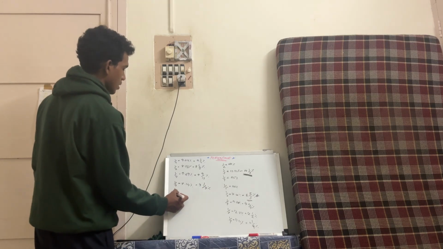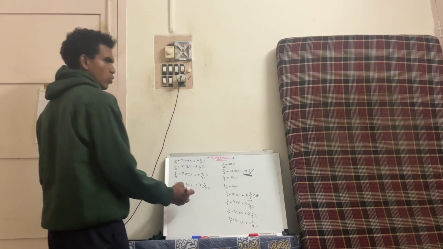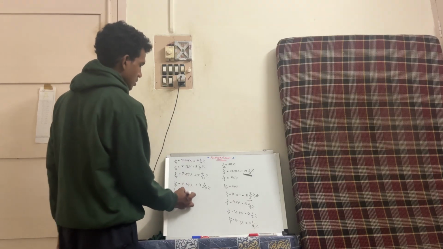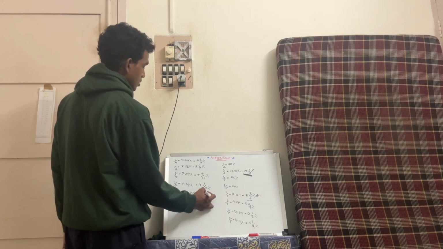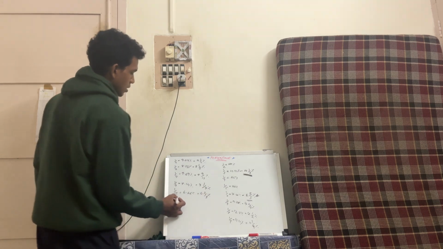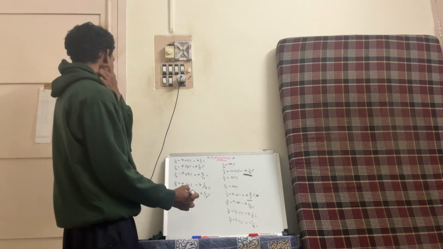1 by 15 will be 6.66%, or 6 2 by 3%. 1 by 16 will be the half of 1 by 8.